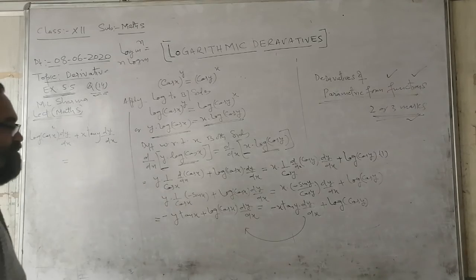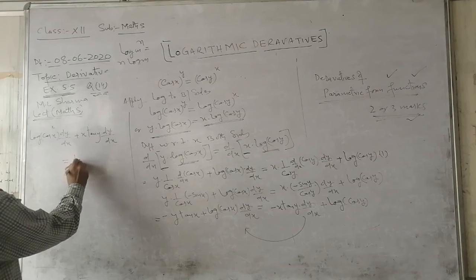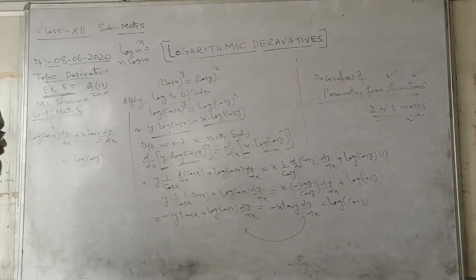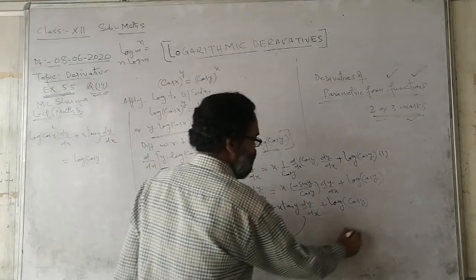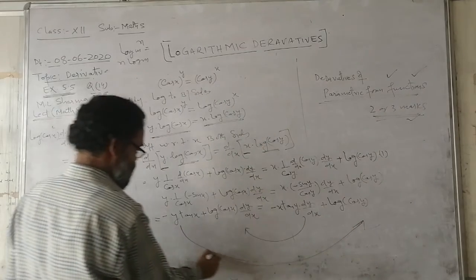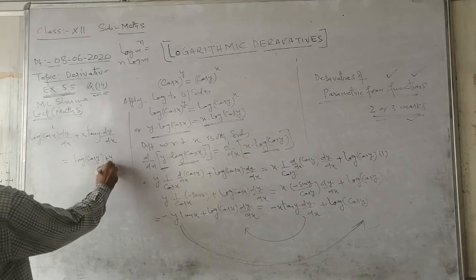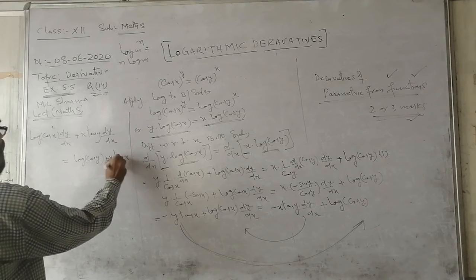This will equal, this term is already on the right hand side, log of cos y, and this term from the left is to be transferred to the right side, so this will become y positive tangent of x.